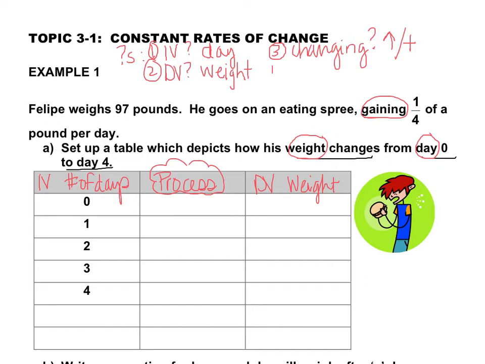Okay, the last thing that I want you to ask is, what is the initial amount? So write these questions on the top of your notes. In this particular example, the initial amount is 97 pounds.